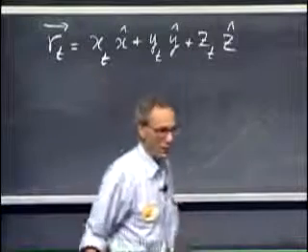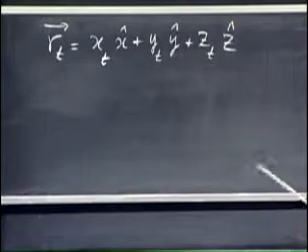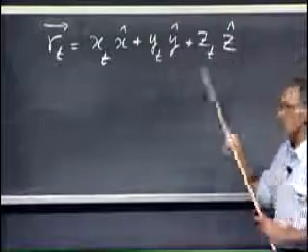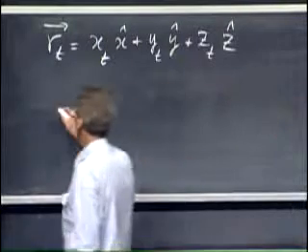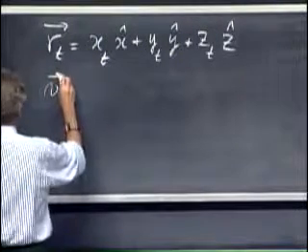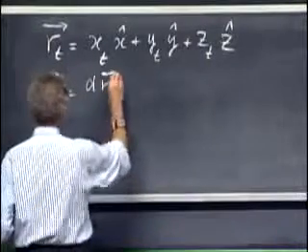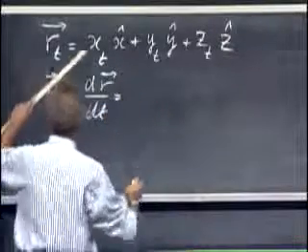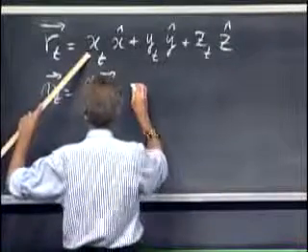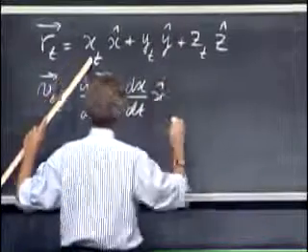I have decomposed my vector R into three independent vectors. Each one of those change with time. What is the velocity of this particle? Well, the velocity is the first derivative of the position. So that is dr dt. First the derivative of this one, which is dx dt x roof.